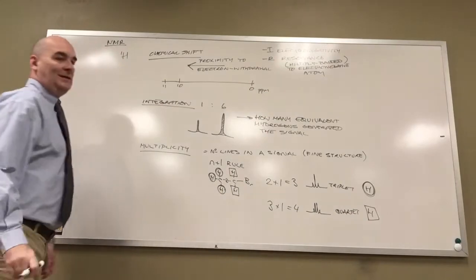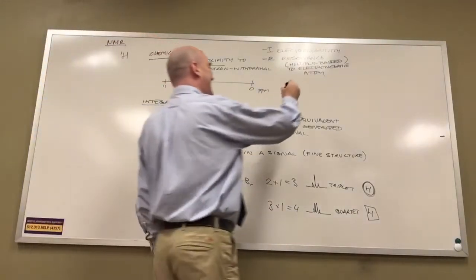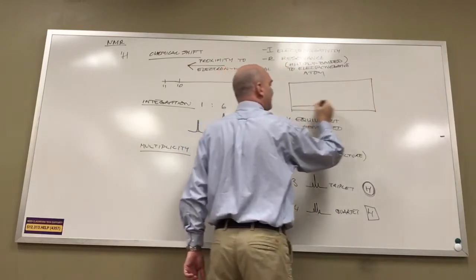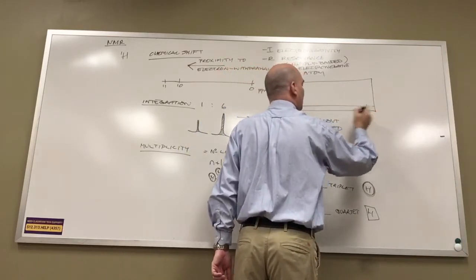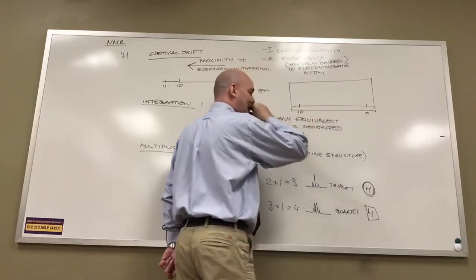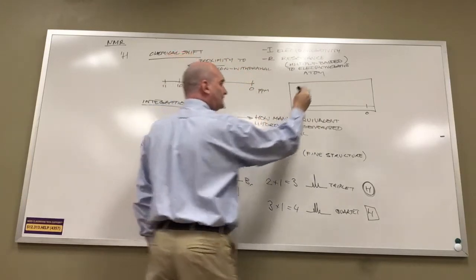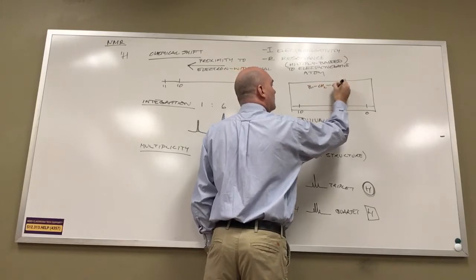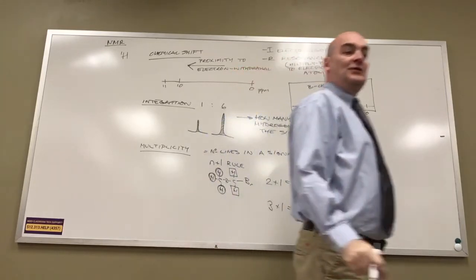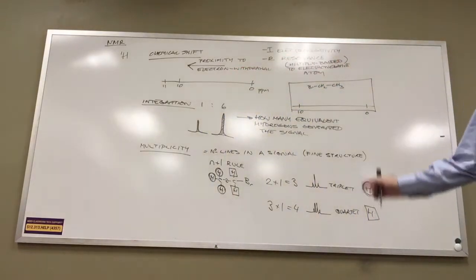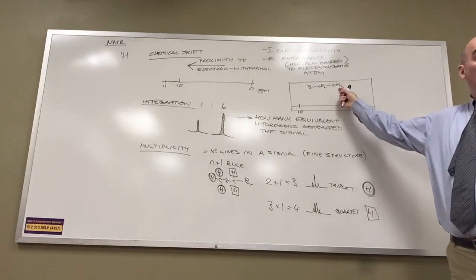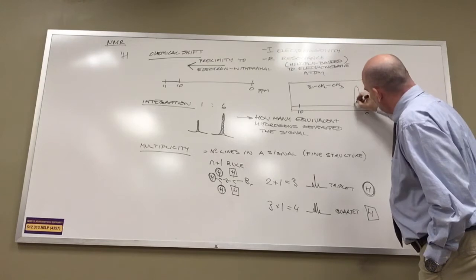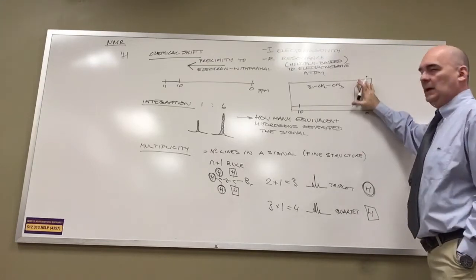of bromoethane, we could predict what bromoethane looks like on a scale from 0 to 10. Because the methyl has 3 equivalent hydrogens, its signal might be this big.